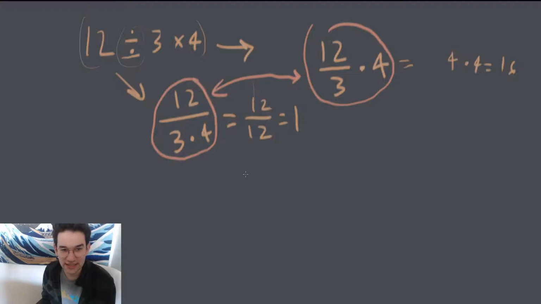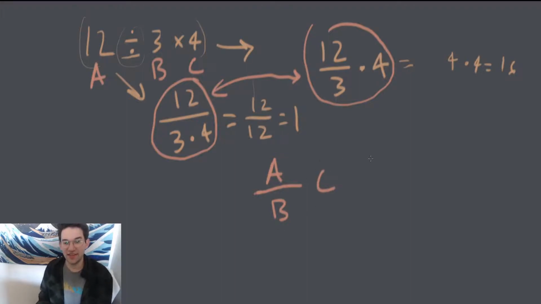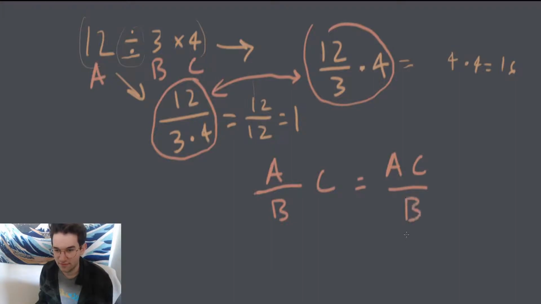And the reason is, let's write this as algebra. Let's pretend this is an A. Let's pretend this is a B. Let's pretend this is a C. Okay? So in the one situation, the correct situation is A divided by B times C. Okay. That is the same thing as saying A times C divided by B. Those two things are equivalent, okay?